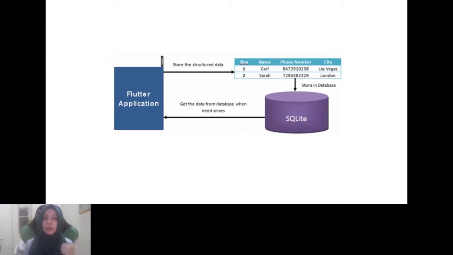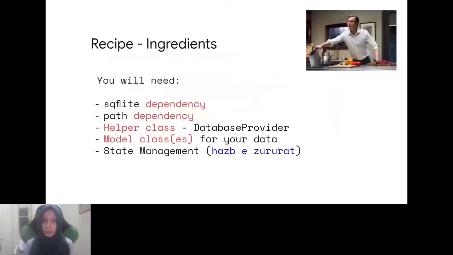First of all, you will need the SQFLite dependency from pub.dev. You will also need the path dependency from pub.dev. This is again to provide the path for everything and for initializing your database and your table. Then you will need two classes. The first class will be a helper class, the database provider. Inside this will be all your database related operations, or rather functions.